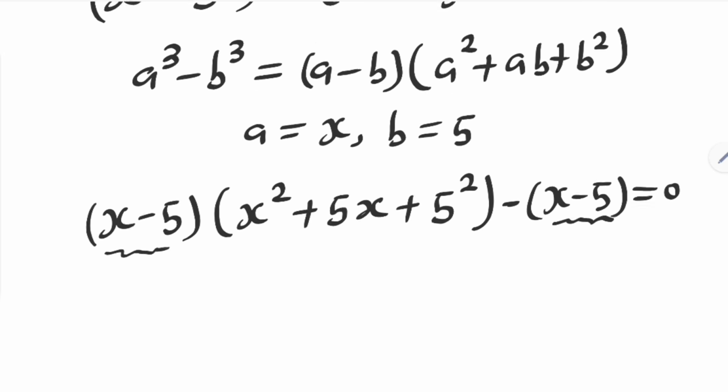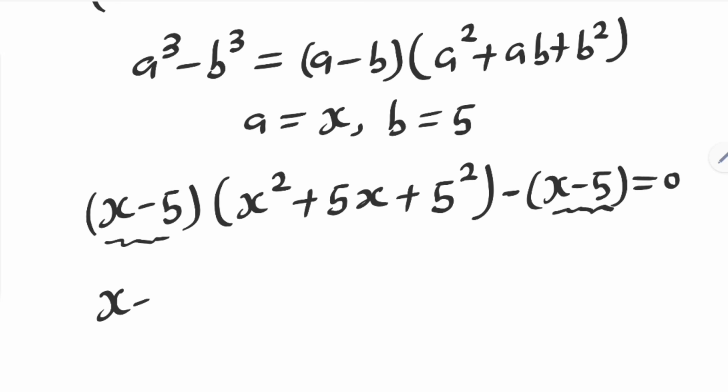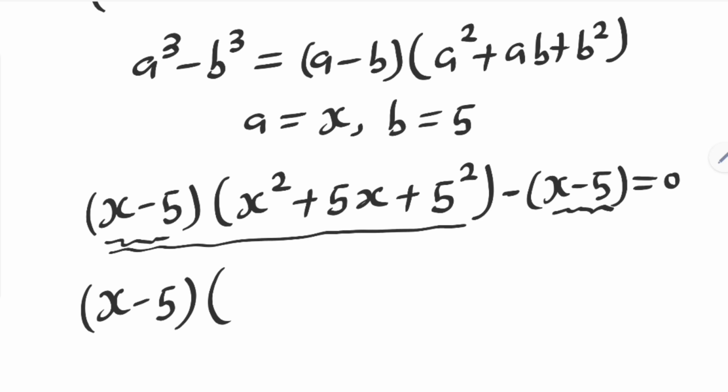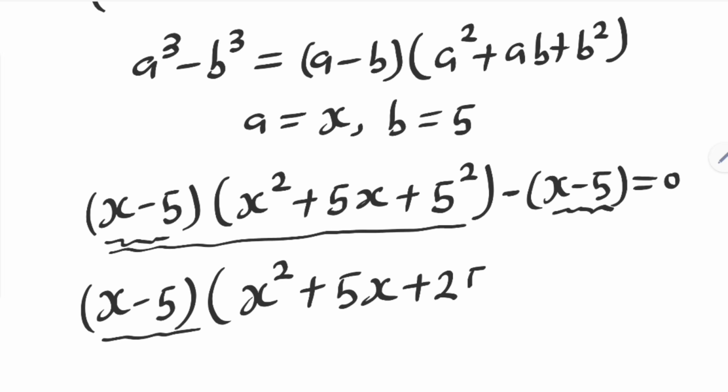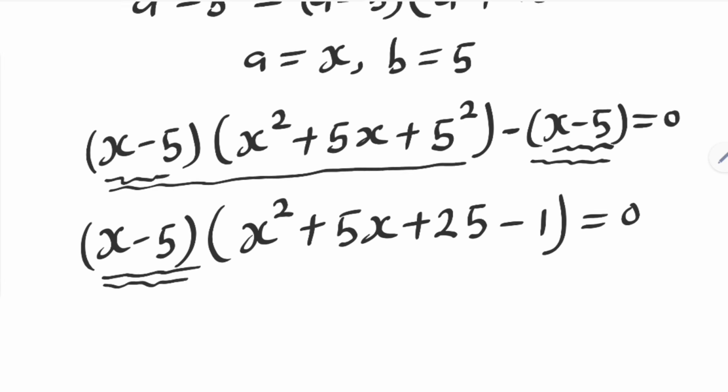Let us factor it out. s minus 5 bracket. If you divide the whole of this by s minus 5, we have s squared plus 5s plus 5 squared, 25. Then if you divide this by this, we have minus 1 is equal to 0.